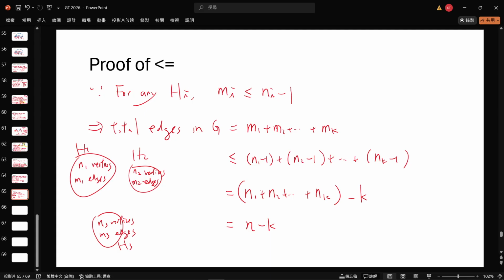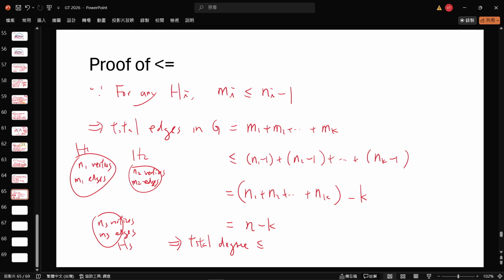Okay. So now we get that the total number of edges in the graph is at most n minus k. So this means, what is the total degree? It's just a difference of a factor of 2, okay?